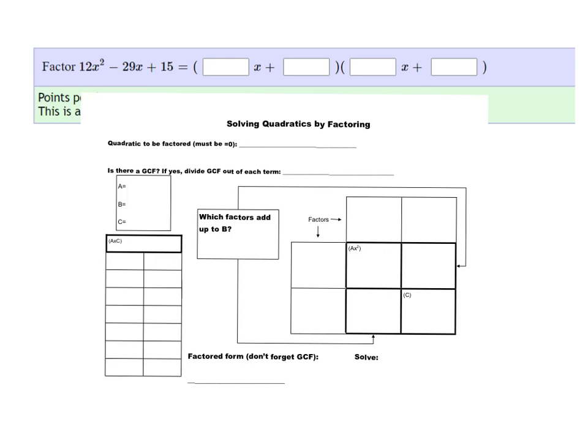So let's see, a quadratic must be factored equal to 0. Well, everything's on one side, so that would be equal to 0 if we were doing that. So 12x squared minus 29x plus 15. And then is there a greatest common factor? Well, let's see. 29 is prime.